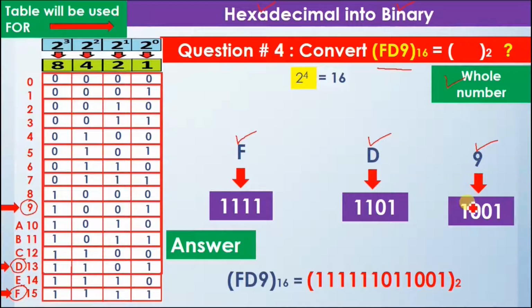So we write 9 as 1001. Next we will combine these values to get the final binary value, which we can see here. So we can say that the number FD9 in hexadecimal is equal to 111111011001 in binary. So this is how we can solve this question.